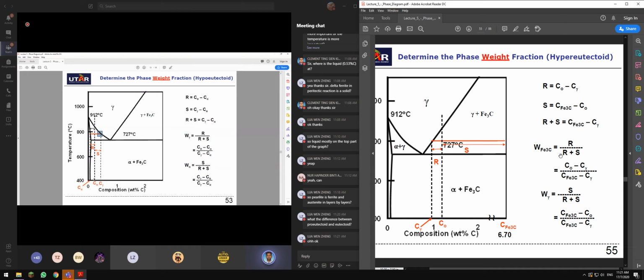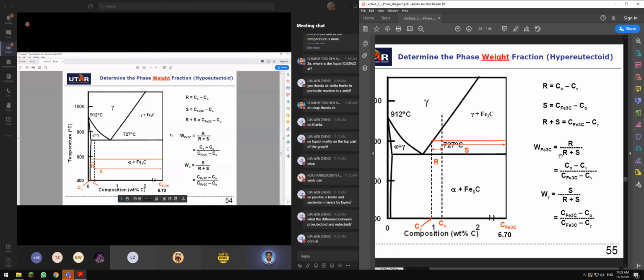To find the weight fraction of ferrite, you take C0 minus C alpha, divided by the whole thing, C ferrite minus C alpha. And to find the weight fraction of the other phase, you take C ferrite minus your composition, divided by C ferrite minus C alpha.